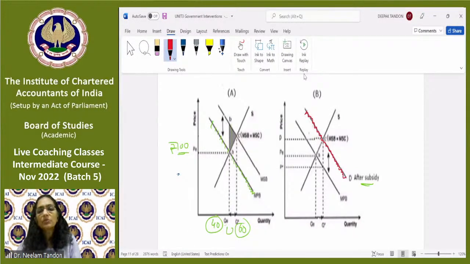This new demand was possible because of the subsidy offered. So the output, the number of students who got registered, increased to 60 plus. That is good. Price increases from P to P dash. But this price is not paid by students. This is paid by whom? By the government.